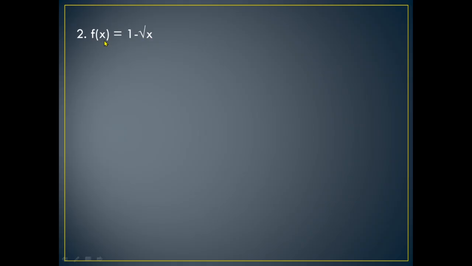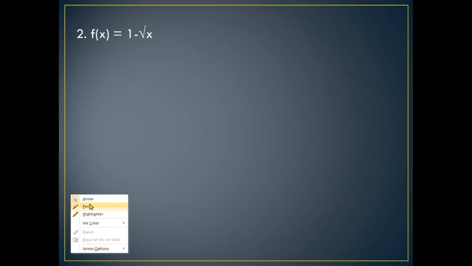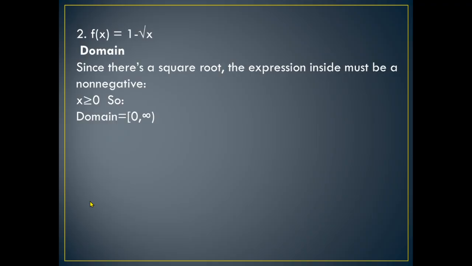It will not be a real value, so it will not exist. So the value under the square root should be greater than or equal to 0. Here the value is only x, so x should be greater than or equal to 0 for that function to exist.